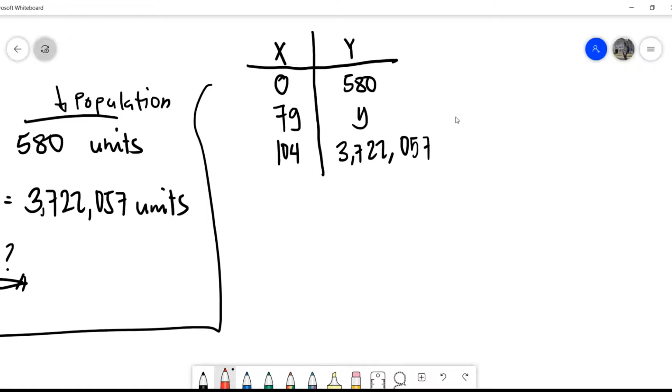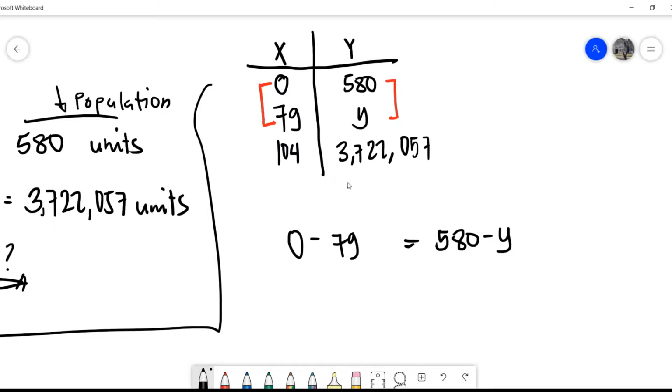So let's assume that the population at day 79 is Y. In interpolating, first we need to subtract the upper value and the middle value of both sides. So the upper value of both sides, that is 0 minus 79, equals 580 minus Y. Then divide each by the upper minus the lower limit.